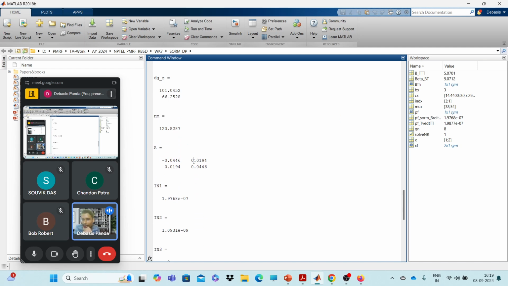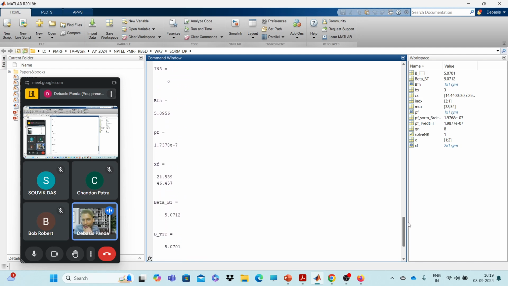Now once we have the A matrix, we drop the last row and last column, and we are left with A naught. Using that A naught, it calculates beta BT. Now beta BT means beta using the Breitung model, and the probability of failure using the Breitung model. It gave this probability of failure.